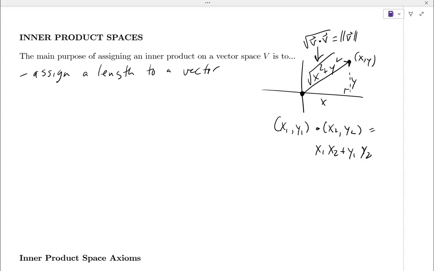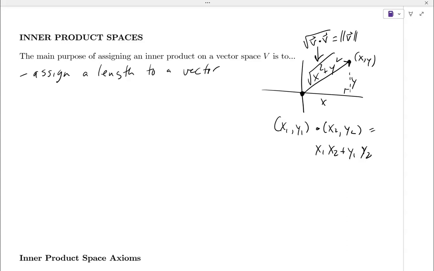We've done polynomials as vectors, matrices as vectors, functions as vectors, and there might be other things that we might want to treat with a dot product that aren't just taking the sum of the product of the coordinates.